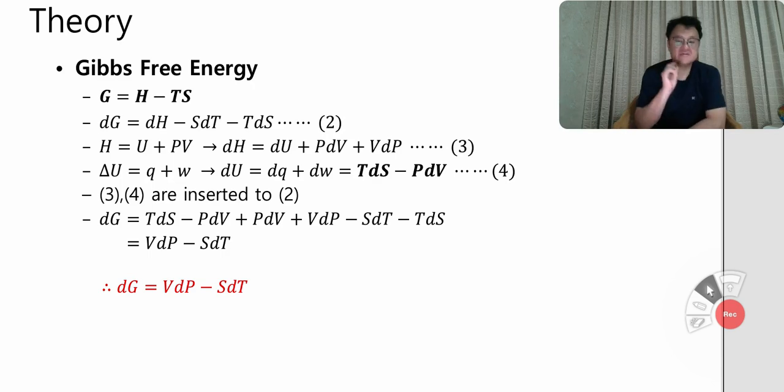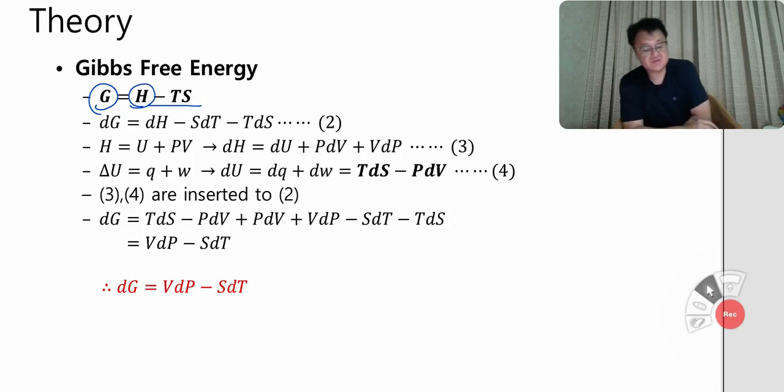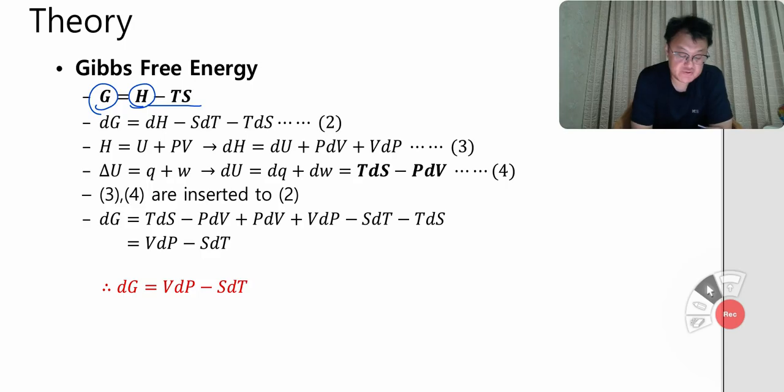By definition, Gibbs free energy, G, equals H, enthalpy, minus TS, T temperature, S entropy. When you think about the infinitesimal change of G, then dG becomes dH minus SdT minus TdS.